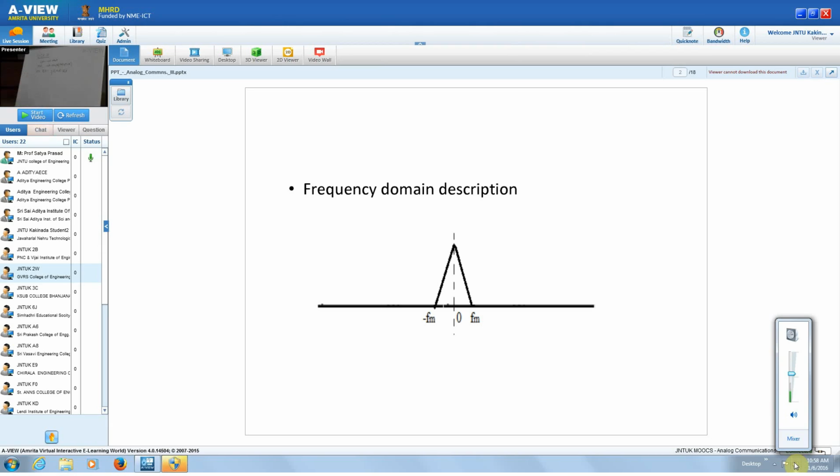But when phi is not 0, then we have a carrier generated at the transmitter and a carrier generated at the receiver. Two generators we are having, one at the transmitter and one at the receiver.